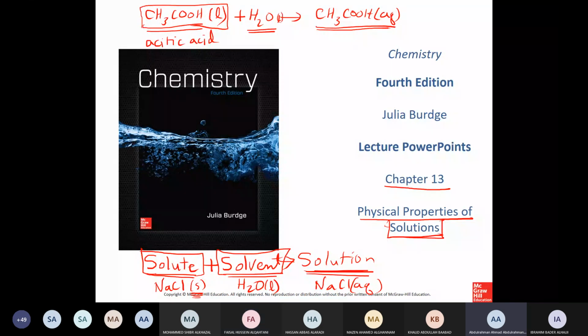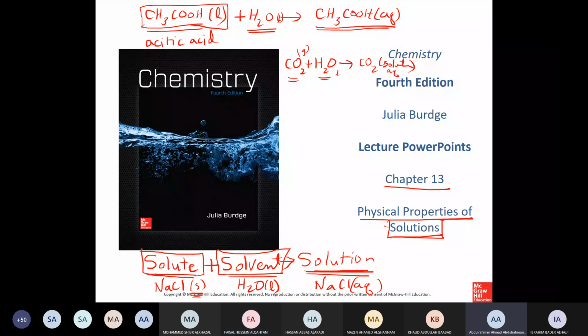Can we have gas and liquid? Yes. When you drink any soft drink, the main solvent is water, and one of the components is CO2, which is gas. They dissolve it in water to make a CO2 dissolved in water solution, aqueous.